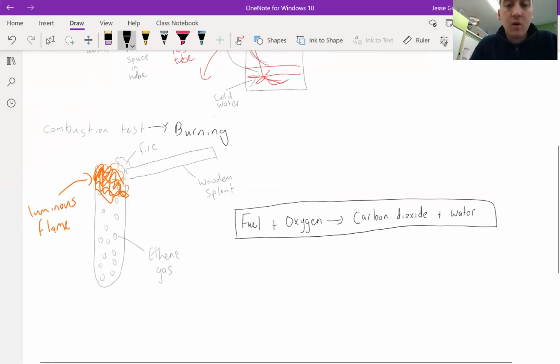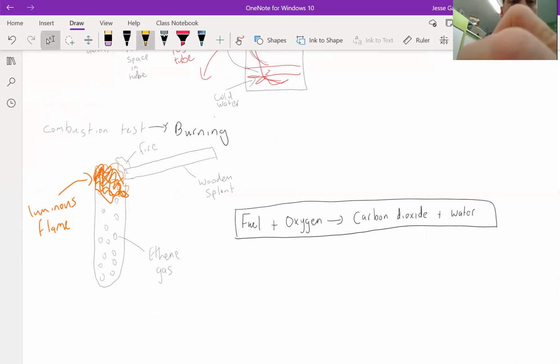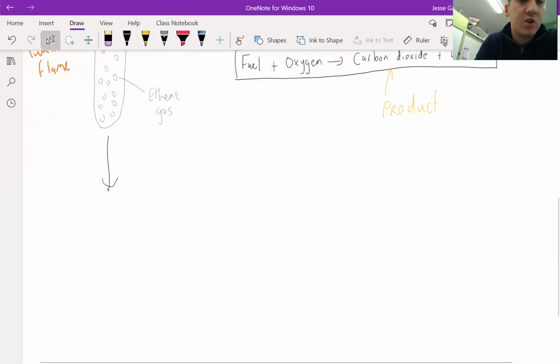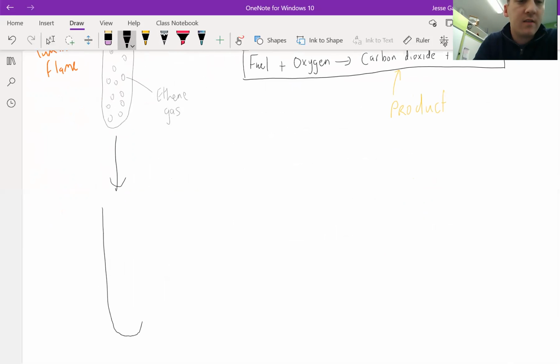Because carbon dioxide is one of the products, we can test our product after we combust the ethene to check that it's carbon dioxide. After we've burned, we will then have a test tube which still looks empty.